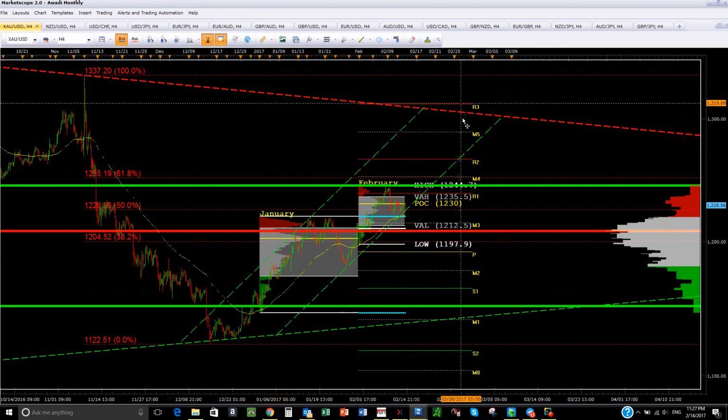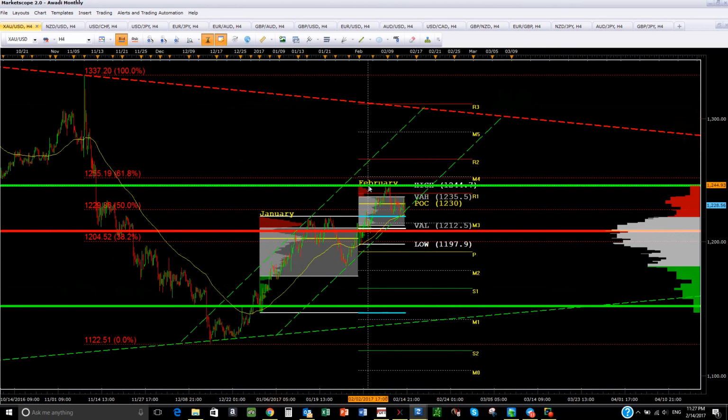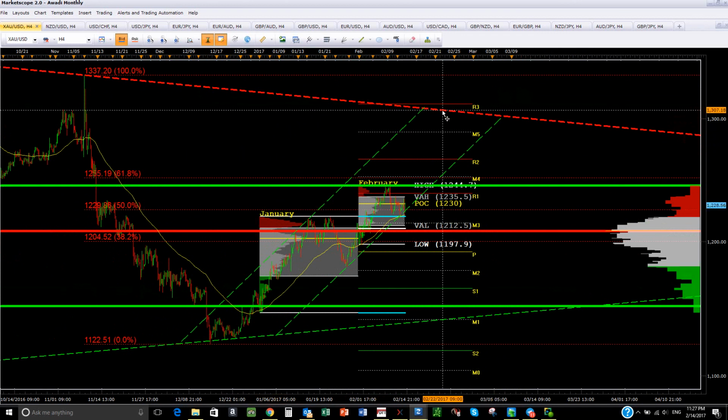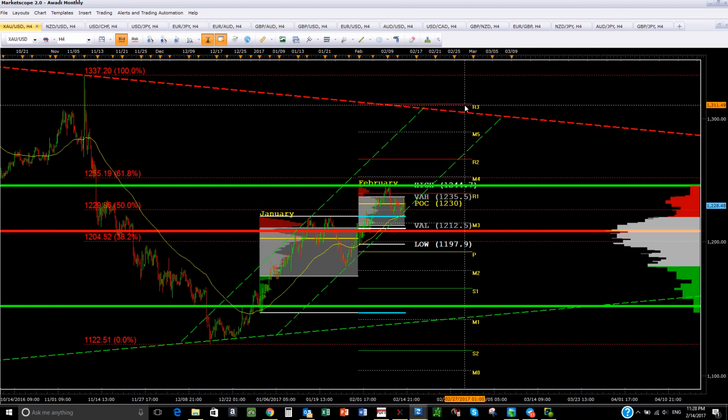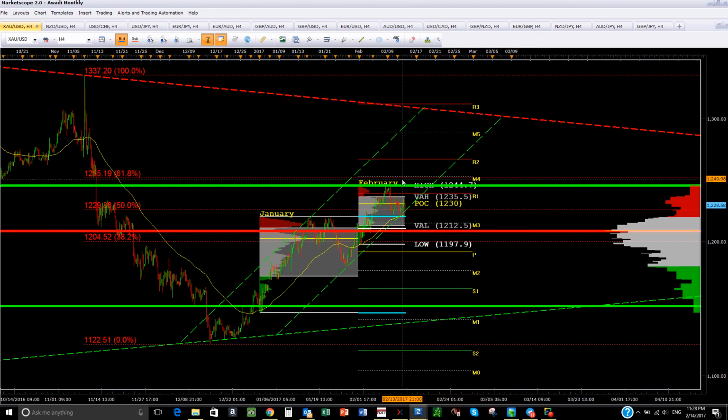Plus the floor pivot for the month of February. I can see the major support and resistance is matching my calculated resistance 3 for the month of February.